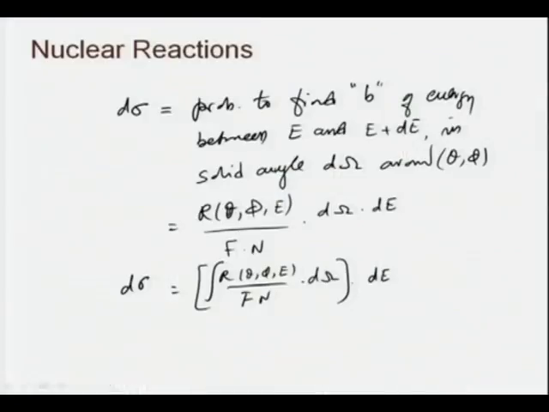So, we have to integrate over the angle. You can then define d sigma over dE, which you can measure experimentally as we explained, and we can also have the double differential distribution d sigma over dE d omega.